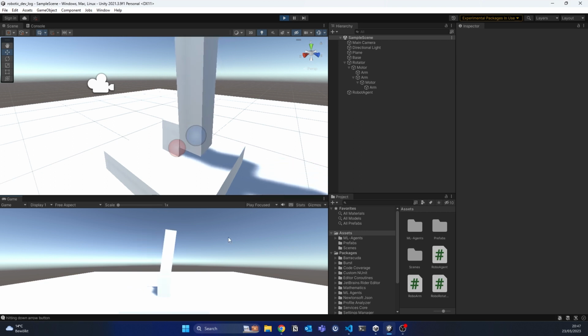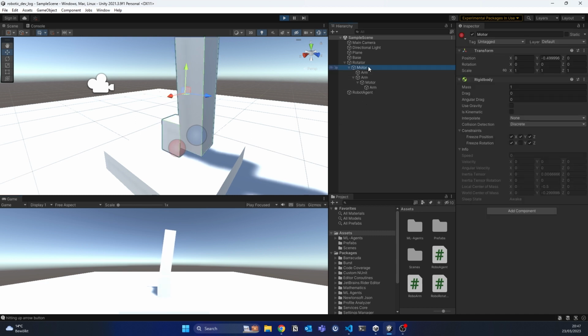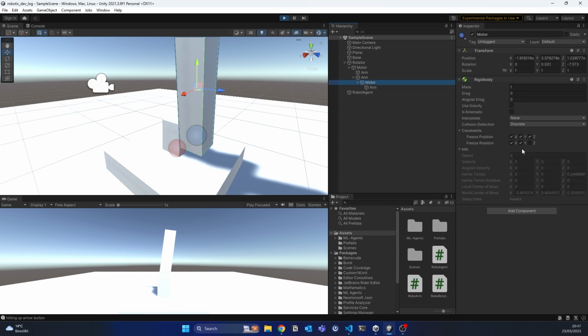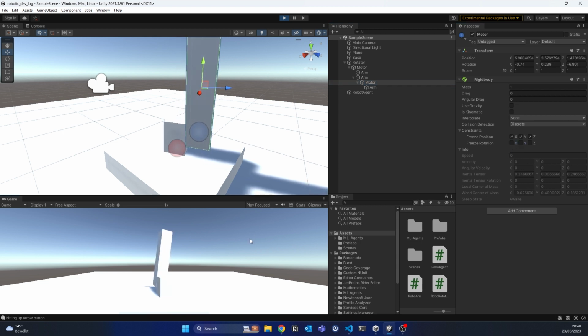Left, right. Now I'm trying to rotate this, but somehow it's getting stuck. Is that because this is the rotator, this is the motor, freeze rotation, freeze position? Maybe I have to turn this off for a moment. Yes, definitely have to turn this off for a moment.